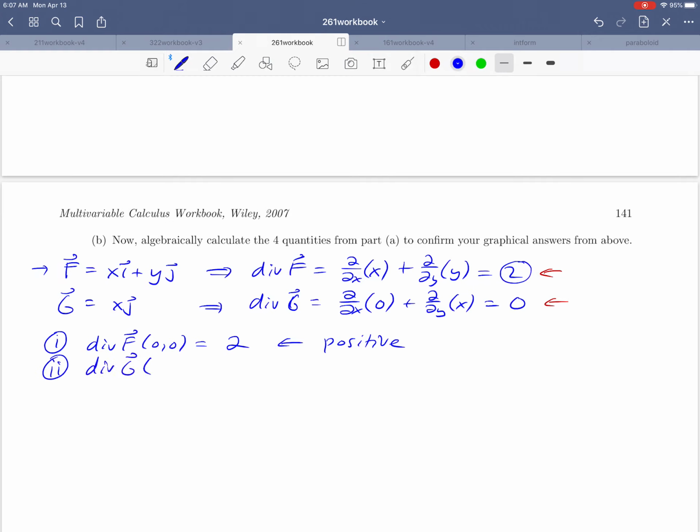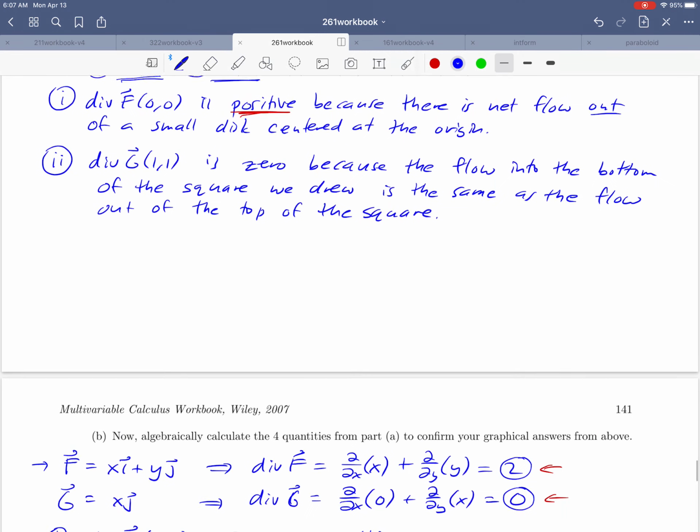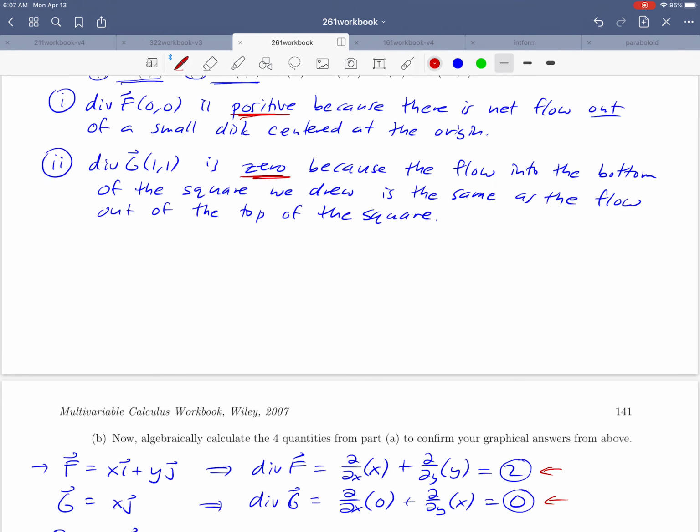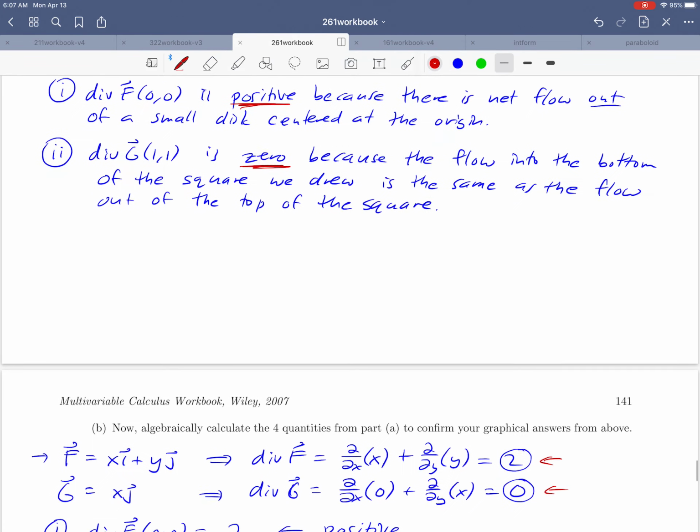The divergence of g, this time it was at the point 1, 1, but again, we just got a number. Doesn't matter what point we're at, we're going to get 0 according to our calculations. Does that agree with the answer that we got above? Okay, sneak another peek and notice it does. We got 0 when we reasoned graphically.